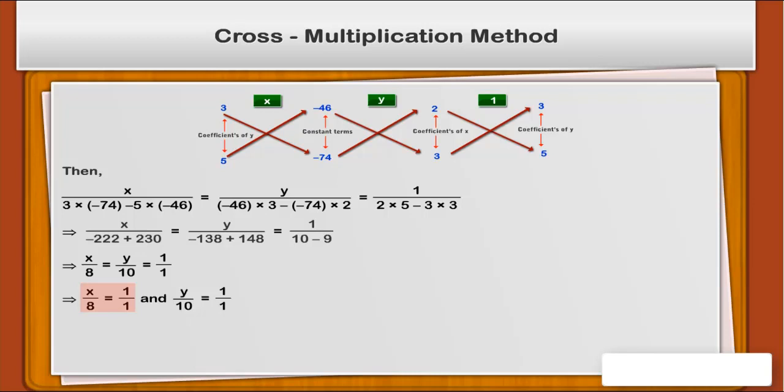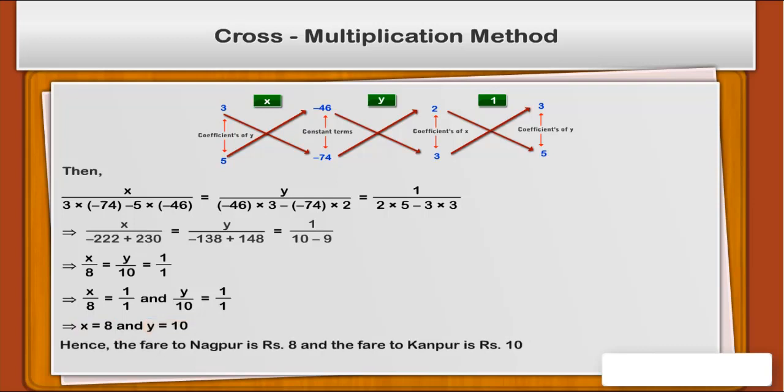This implies x upon 8 is equal to 1 upon 1 and y upon 10 is equal to 1 upon 1. From here, we get x is equal to 8 and y is equal to 10. Hence, the fare to Nagpur is Rs 8 and the fare to Kanpur is Rs 10.